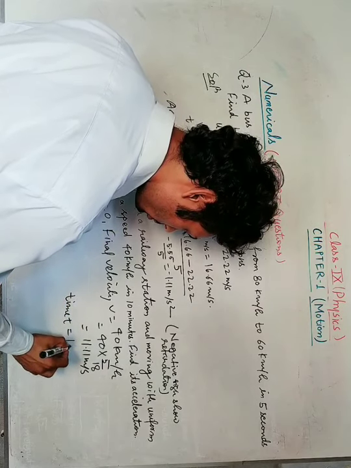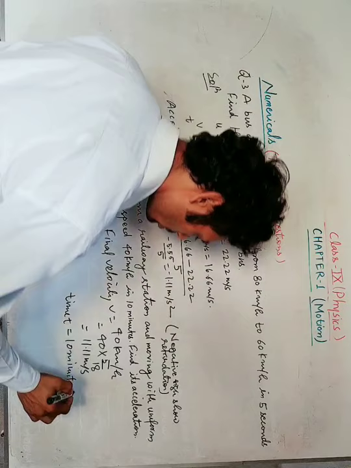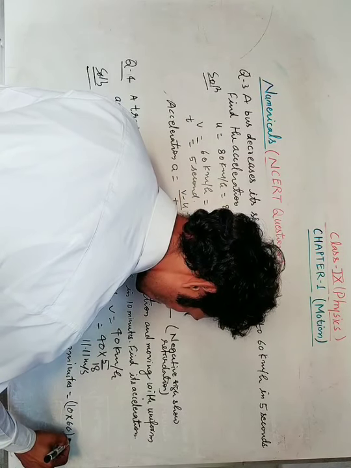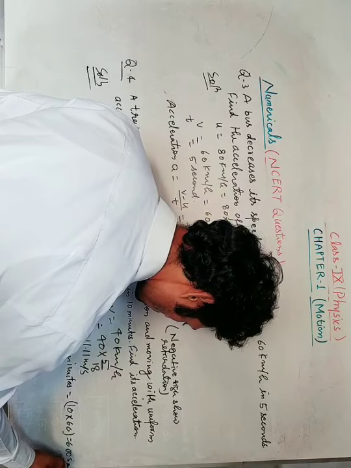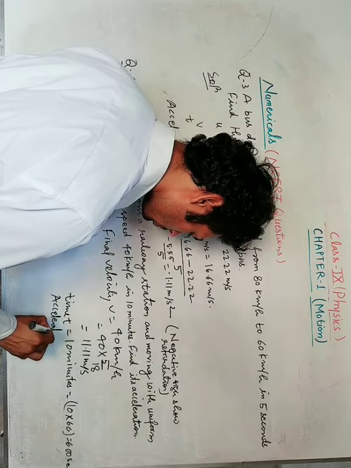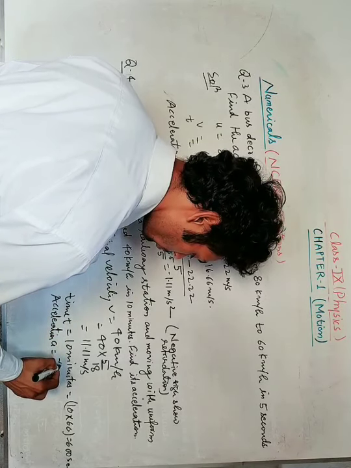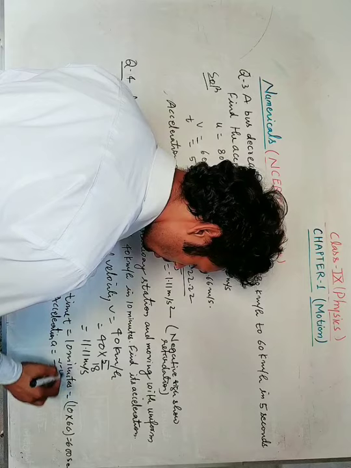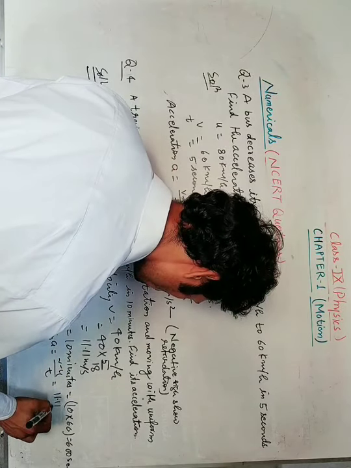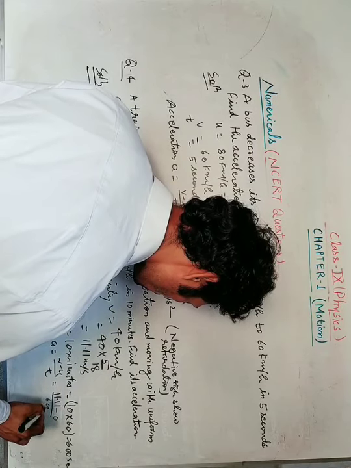Time t equals 10 minutes, equals 10 into 60 seconds, equals 600 seconds. Then acceleration a equals v minus u by t, which is 11.11 minus 0 by 600.